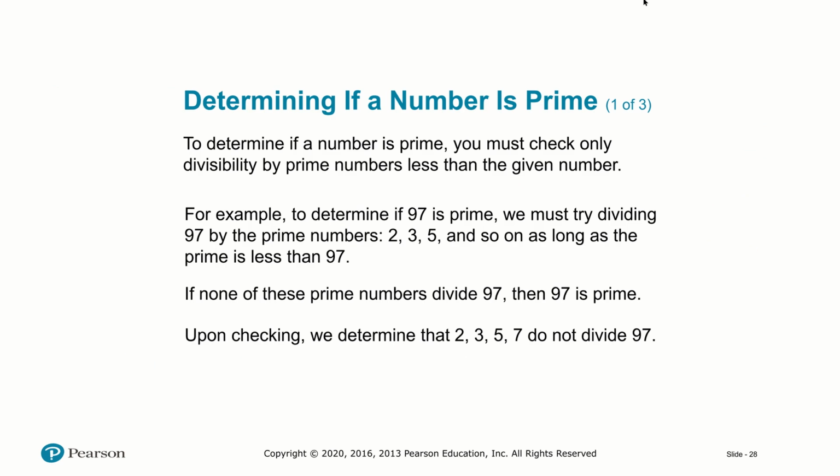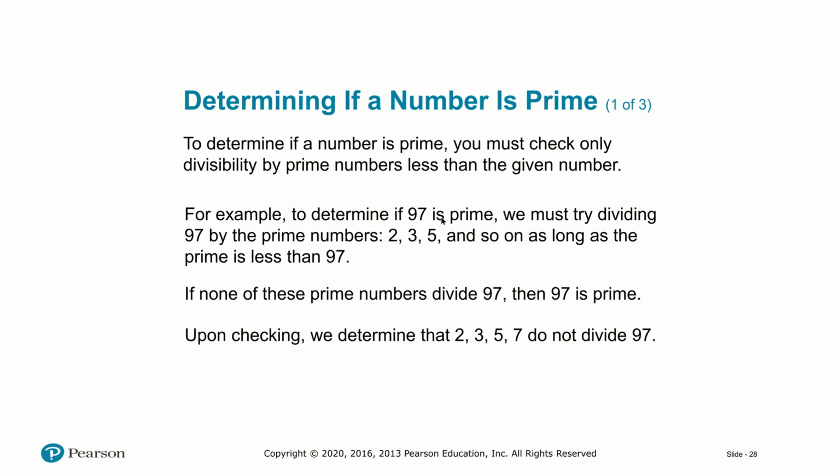Now, as far as finding out whether a number is prime or not, that's a trickier proposition. So what we have to do is basically check divisibility for all the primes that are less than the given number. That makes sense, right?